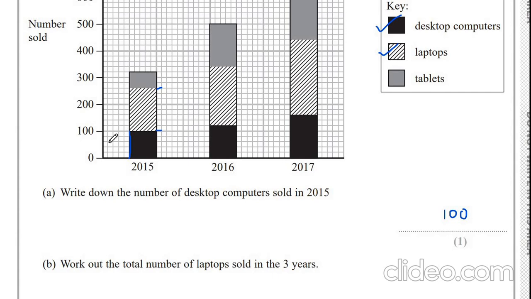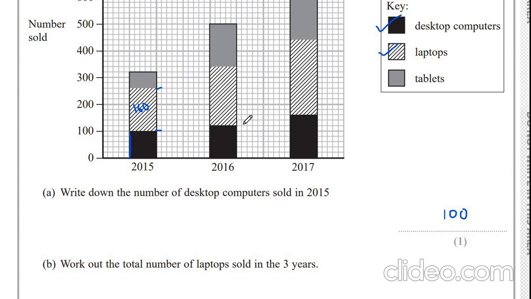So there are 5 squares that make up 100. So each tiny square is 20. Right, so how many squares are here? 1, 2, 3, 4, 5, 6, 7, 8. 8 squares, 20 each. So that is 160.